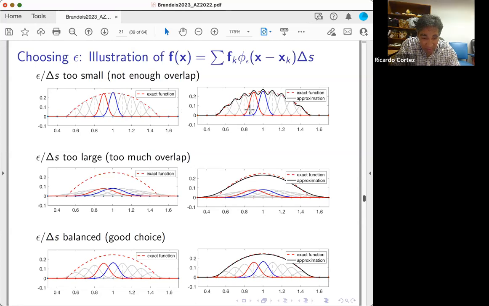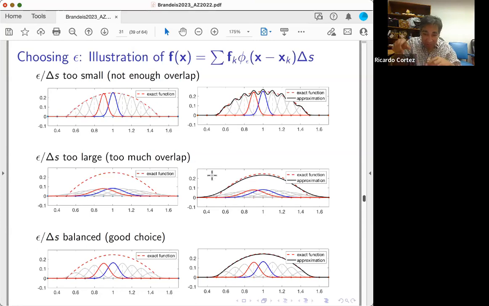If these are too narrow and not close enough, then they start wiggling like this. The approximation is not so good. If I make them too fat, then the function is smooth, but it misses the corners and things like that. So a good choice is somewhere in between, where you can capture the force. These functions are called blobs.